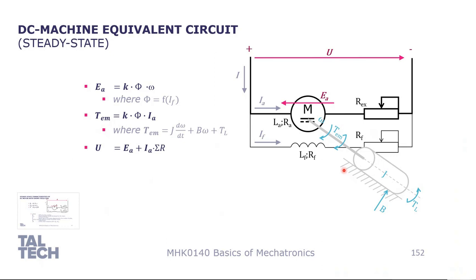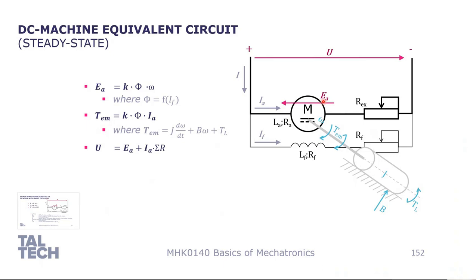Additionally to inertia, we have the different losses happening in the machine. The winding is made from copper. Copper has its own resistivity, so we need to take into account the resistance of the armature winding. We take into account the resistance of the wires that are connecting there, and everything.